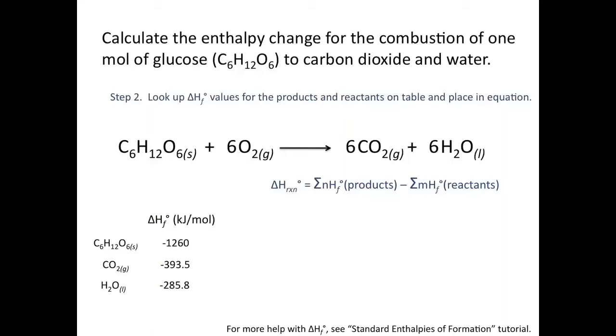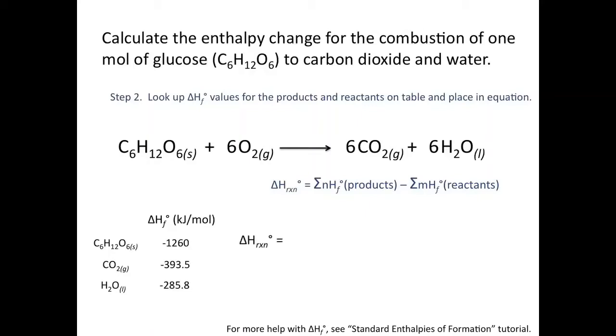You'll also notice that in my enthalpy of formation values, O2 is not listed. This is because the element oxygen exists in the standard state as a gas, and so the enthalpy of formation value is 0. And this holds true for any element in its standard state.